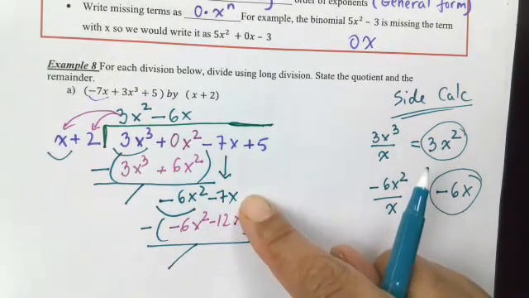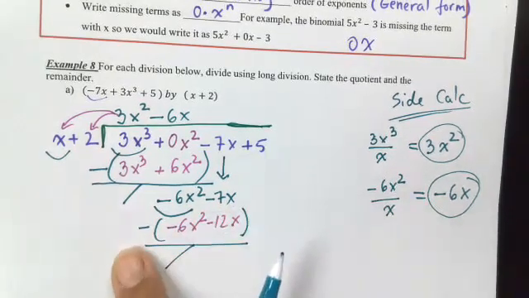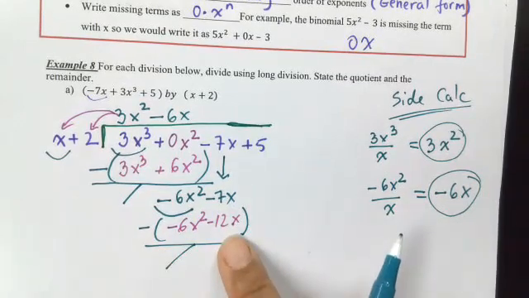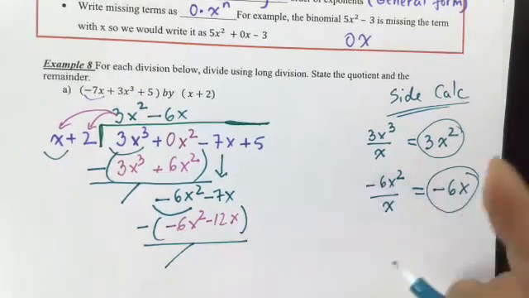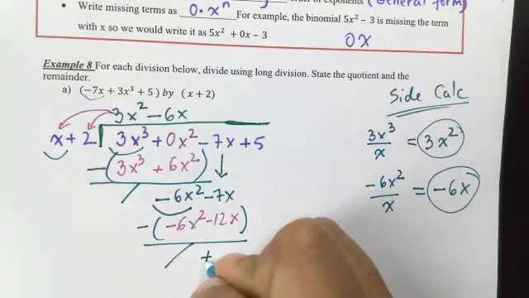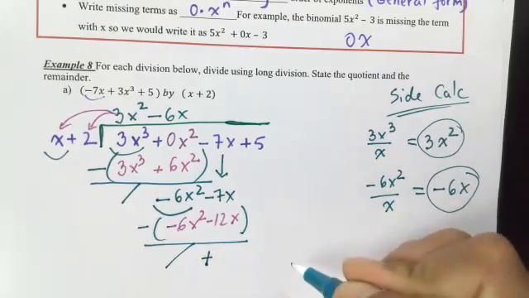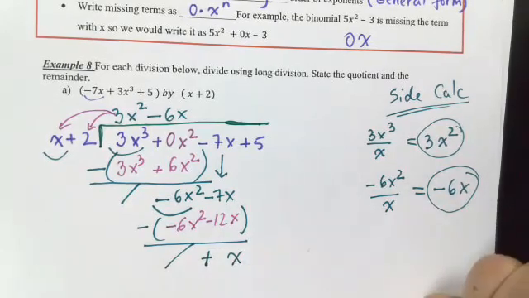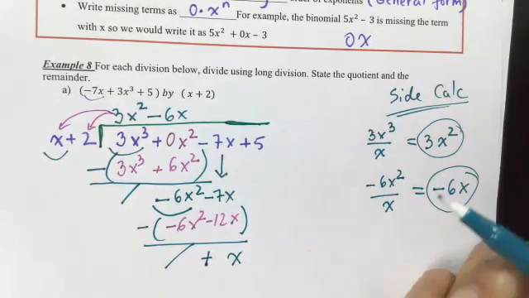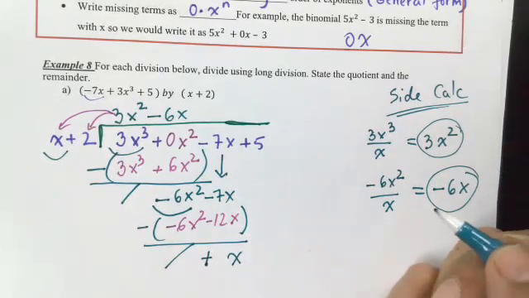Negative 7x, attention here, subtract negative 12x is the same thing as saying negative 7x plus 12x. So the answer is positive. How many x's? Negative 7 plus 12. 5.